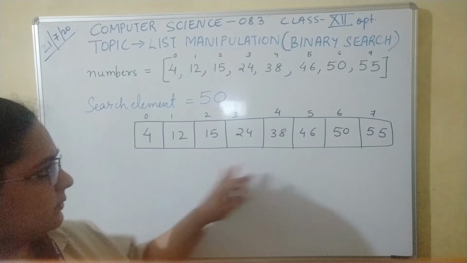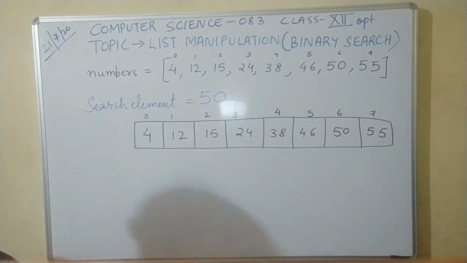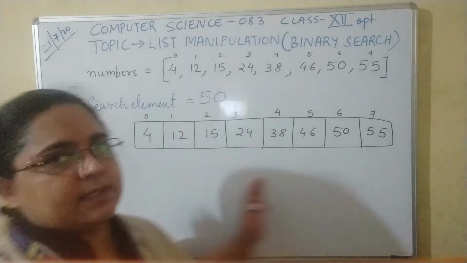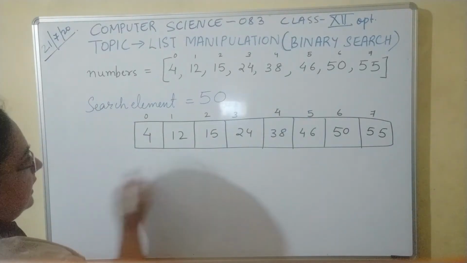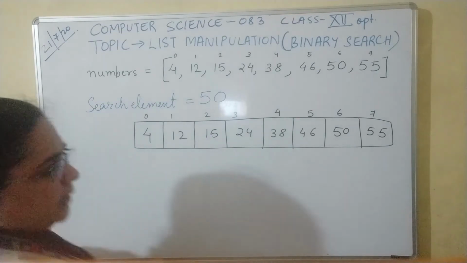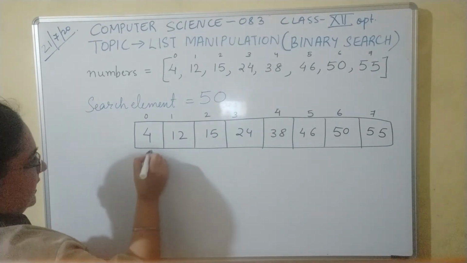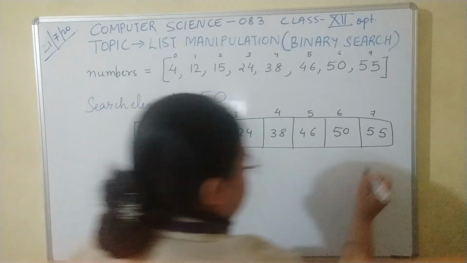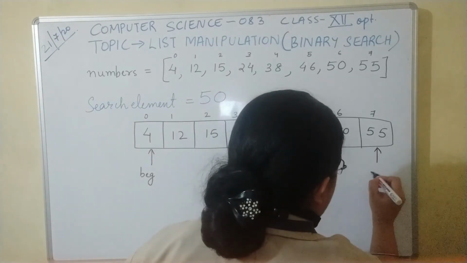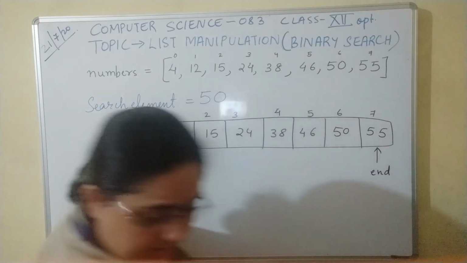This is the list, and now what we are going to do is over here we are going to divide this list into two equal halves. So for doing that we need to first find the midpoint of this list. So we take the first initial part, that is beginning, and the last part, that is end, or we can take it as last.